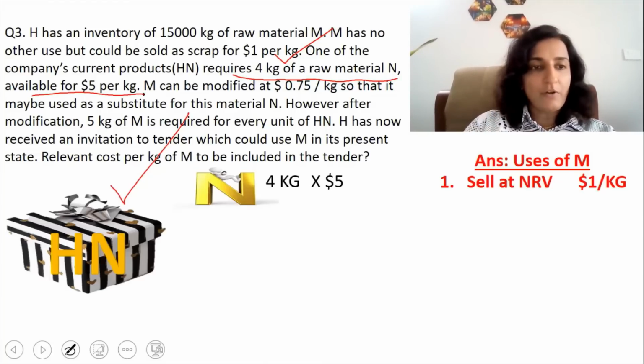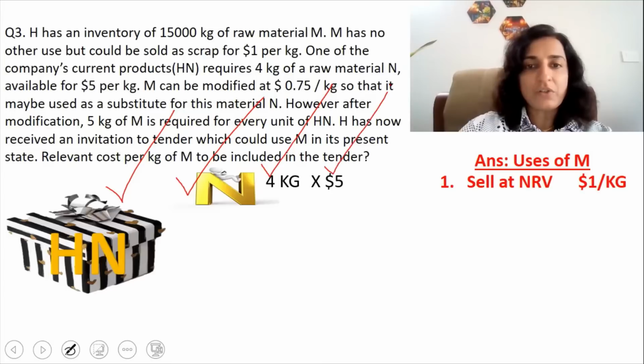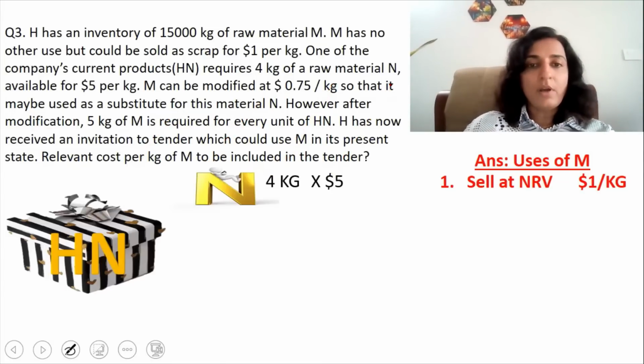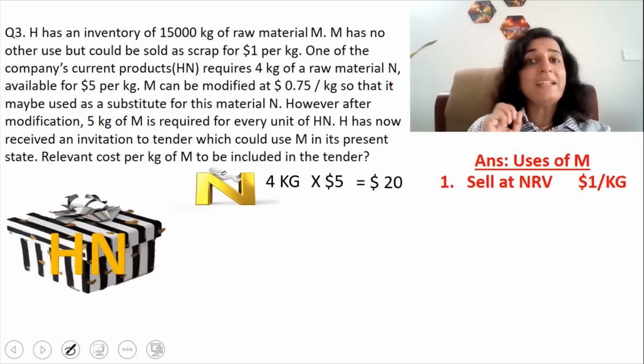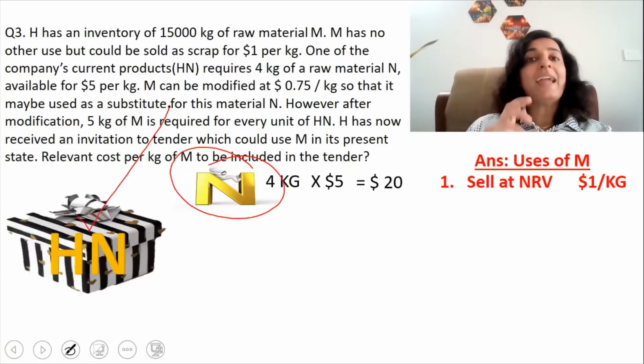So 1 unit of HN requires 4 kg and each kg costs $5. That is the meaning of that sentence. So what is the amount? 4 into 5, or $20. $20 is the raw material cost of N, which is used for the production of HN.